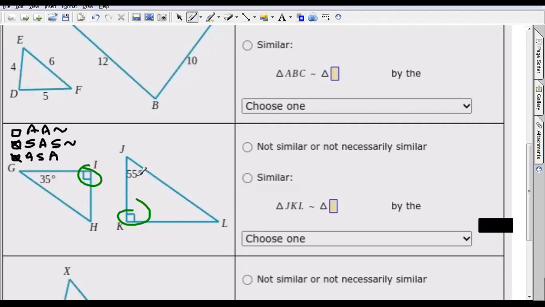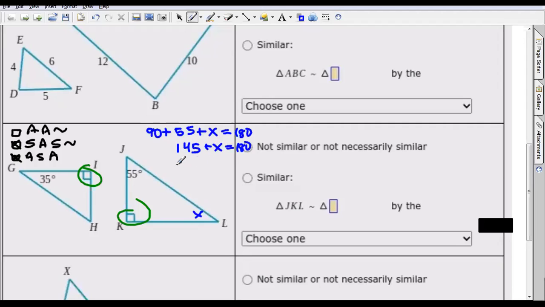For example, if I call this x, to find it you do 90 plus this equal to 180. So you do 90 plus 55 plus x is equal to 180. Now combine like terms. 5 plus 0 gives you 5, 5 plus 9 gives you 14, equal to 180.